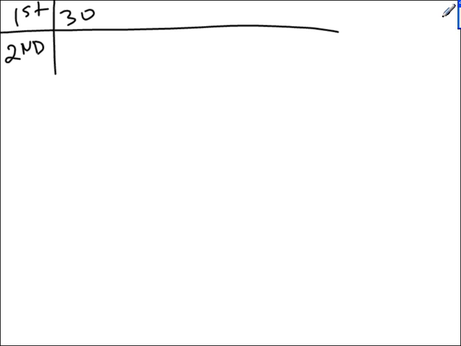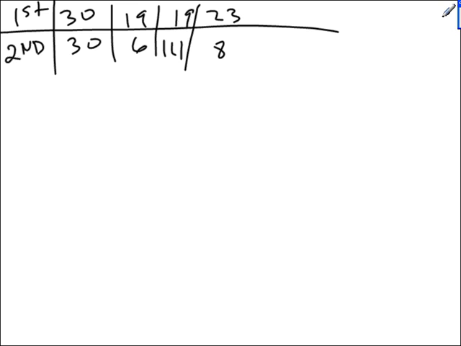The first person took 30 minutes the first time, 30 minutes the second time. And then 19 and 6, 19 and 14, 23 and 8, 29 and 15, 29 and 14, and so on.